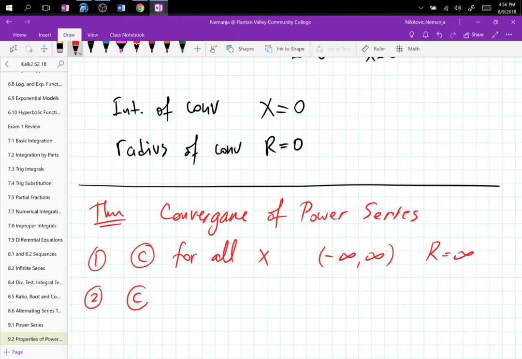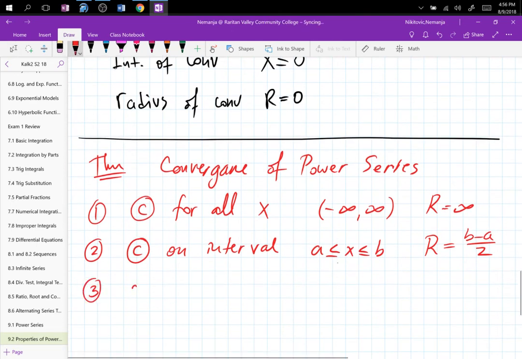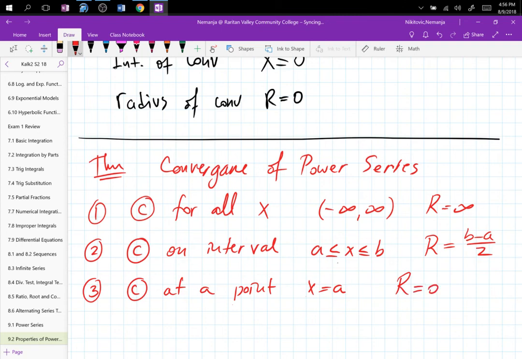Number two converges on interval x is between two values a and b, and the radius of convergence in that case would be given by (b minus a) over 2. Number three converges at a point x equals, say, a, with the radius of convergence 0.